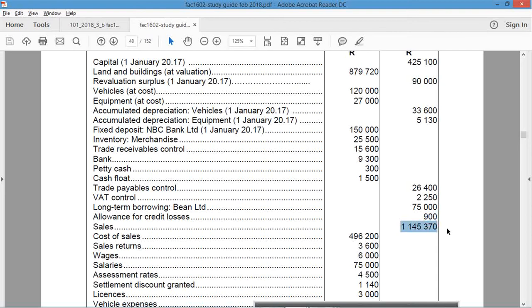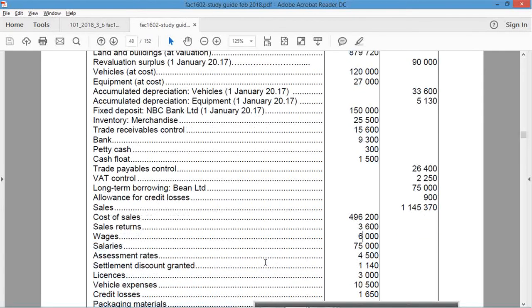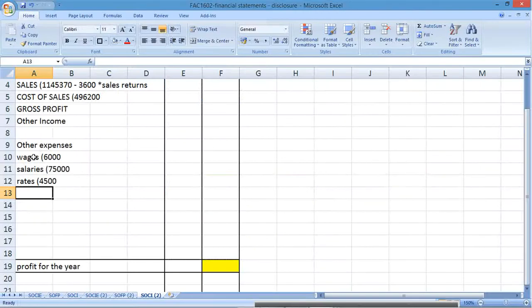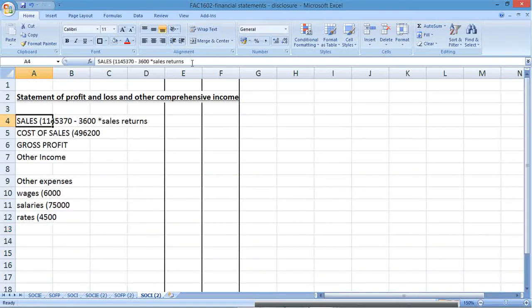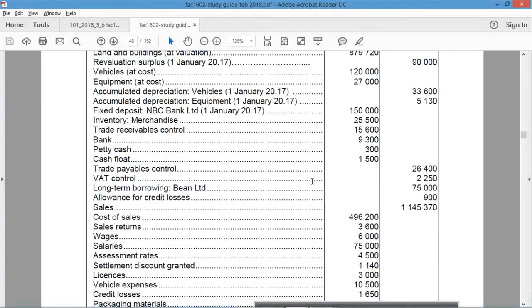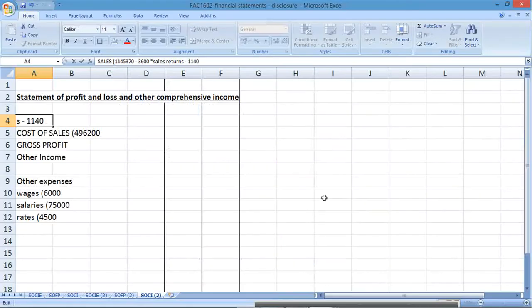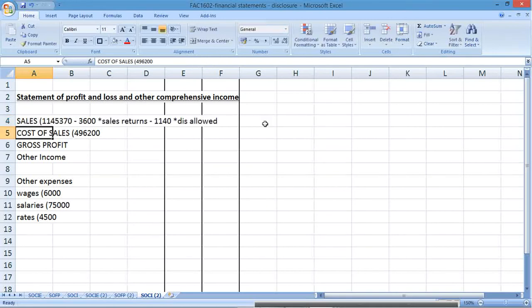So they did account for it. Sales returns and the settlement discount are taken out of that. They didn't show the working in their solution, I'm going to show it in mine. Minus 1140, asterisk, discounts allowed. Does that make sense? Yes.